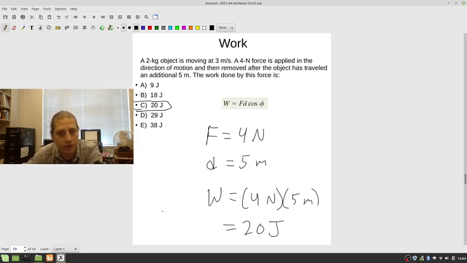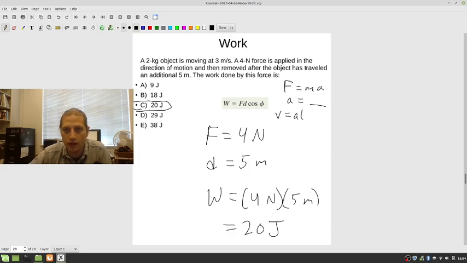Now, something to notice is that there's a marvelous internal consistency about physics. So you could have done this problem effectively not using this formula at all. You could have done it by using your F equals ma, find what your a is, then you could use, for instance, v equals at plus v naught, and you could find your final v from your initial v.